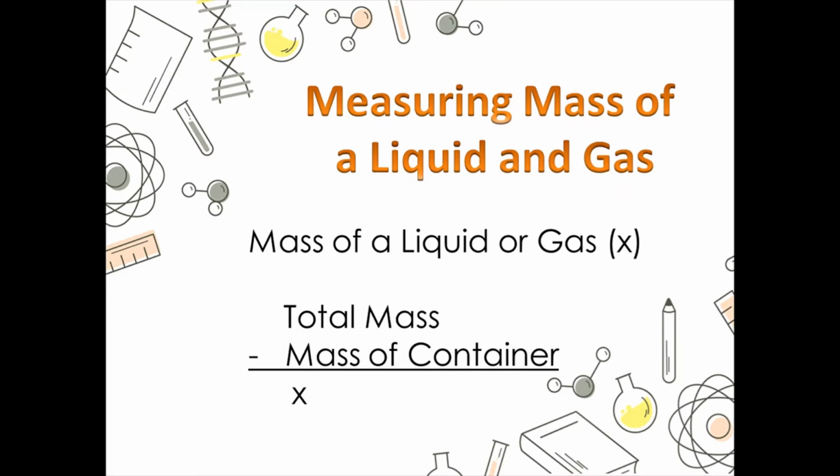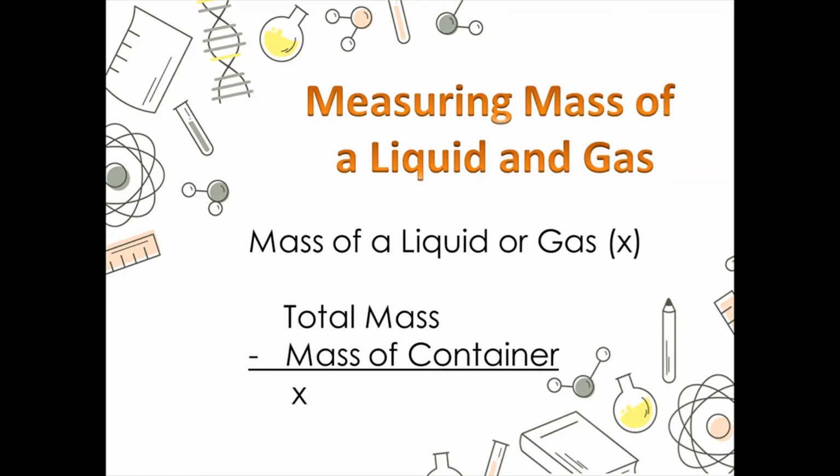To measure the mass of liquids or a gas, you have to know its total mass. So if you're going to measure a liquid, say for example an orange juice, if the orange juice is in a glass, you have to measure it, so that is what your total mass is. Next, you have to measure the mass of the container, that is the glass.